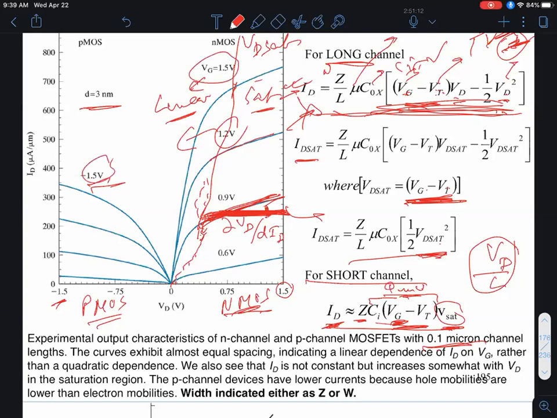What do you think that is? Lower hole mobility. Very good. So the channel mobility of holes is roughly a factor of 2 lower than for electron mobility. This is with surface roughness scattering and all that.